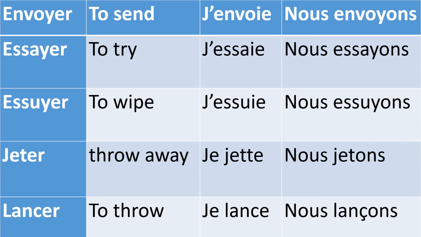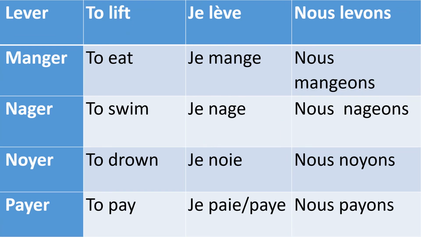Jeter, to throw away, je jette, but nous jetons. Lancer, to throw, je lance, but nous lançons. And finally, lever, to lift, je lève, nous levons. Manger, to eat, je mange, nous mangeons. Nager, to swim, je nage, nous nageons.